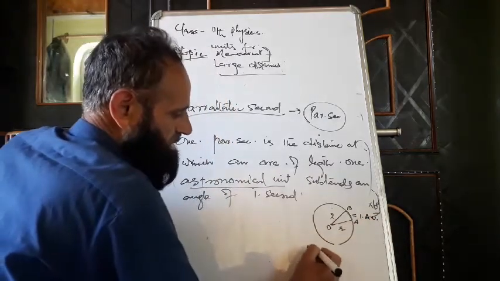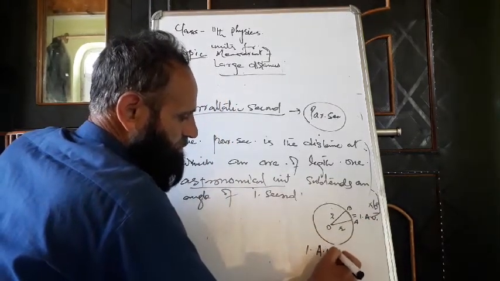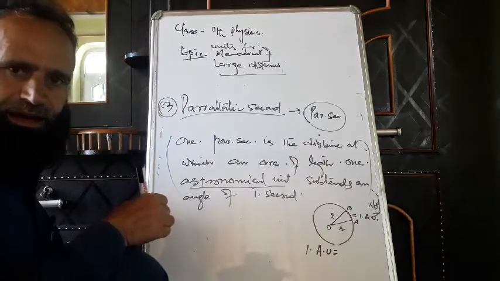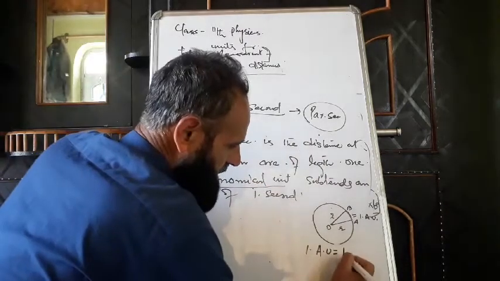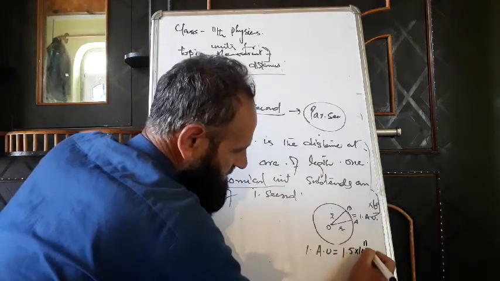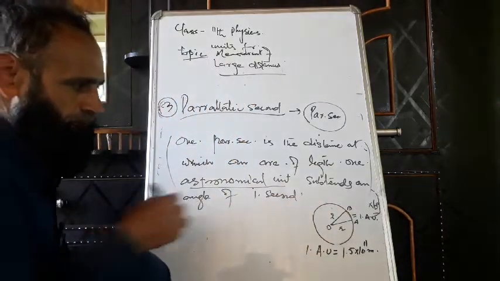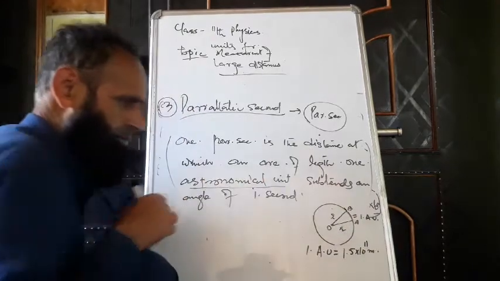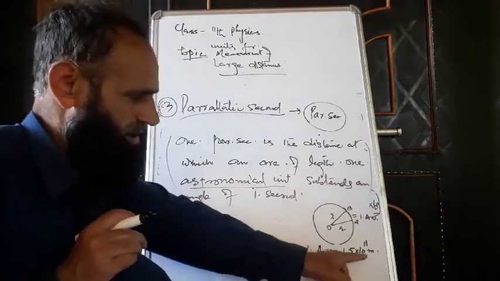We know 1 AU is equal to 1.5 into 10 raised to power 11 meters. The length of this arc is 1.5 into 10 raised to power 11 meters.